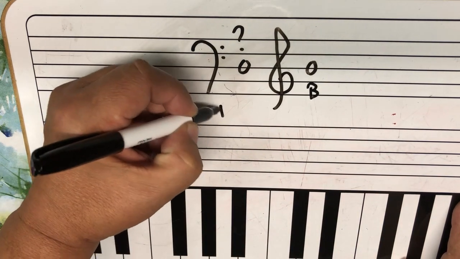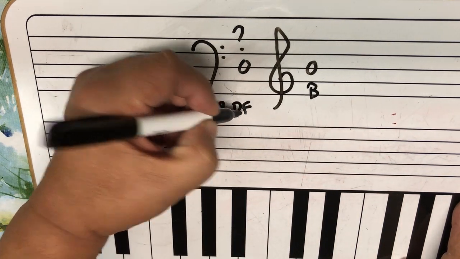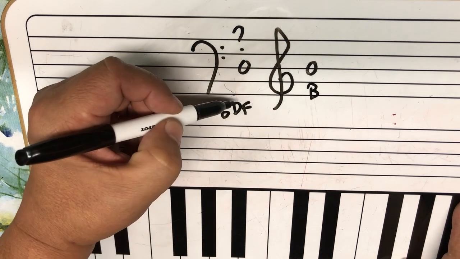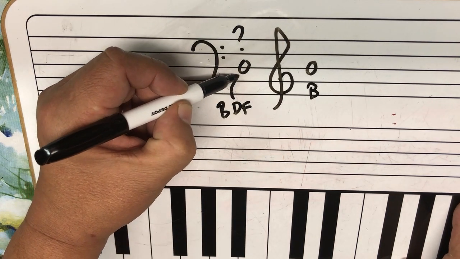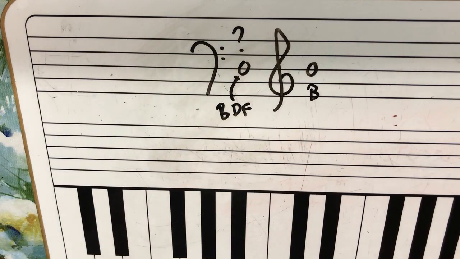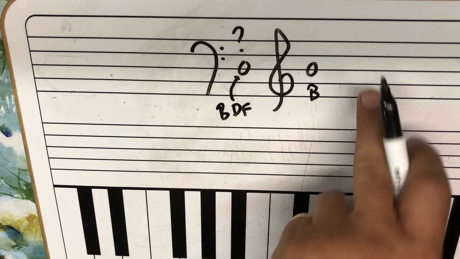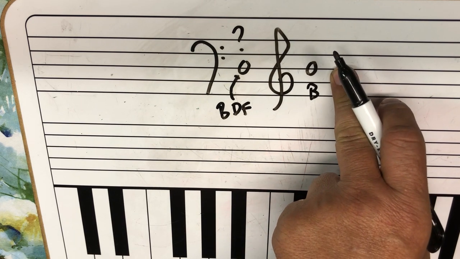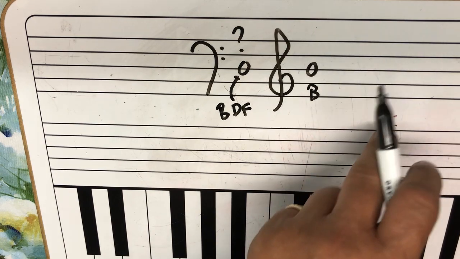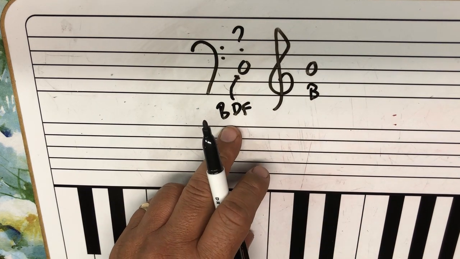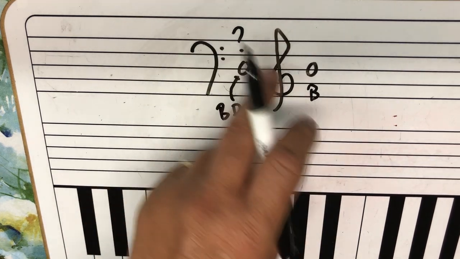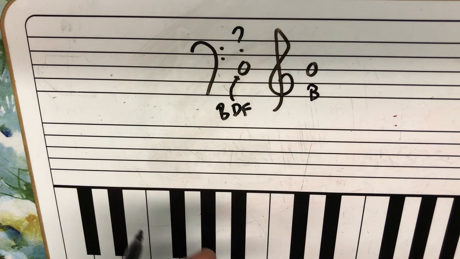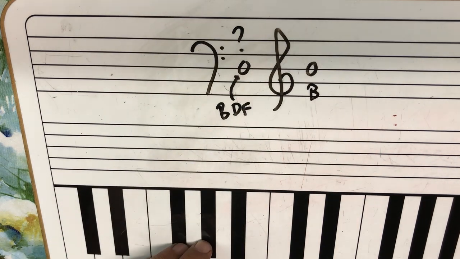Let's make a B triad, any B triad. This middle note here, the third, is that one right there. In other words, whatever it looks like in treble clef, you go up 2 steps, B, so 2 steps, C, D, or you just spell your triad, B, D, F, and it's that right there.